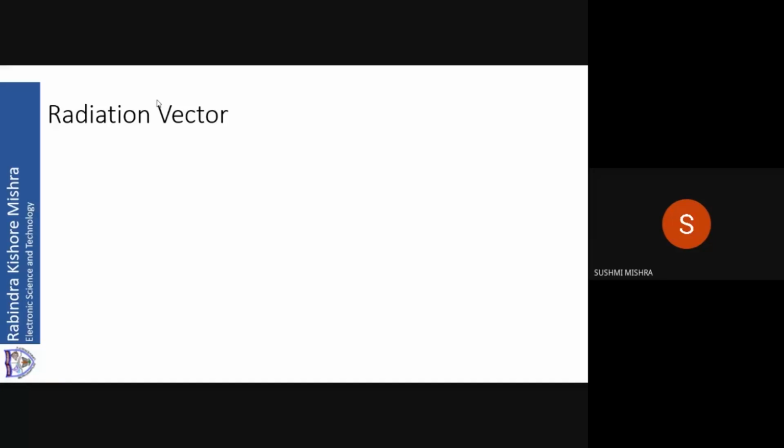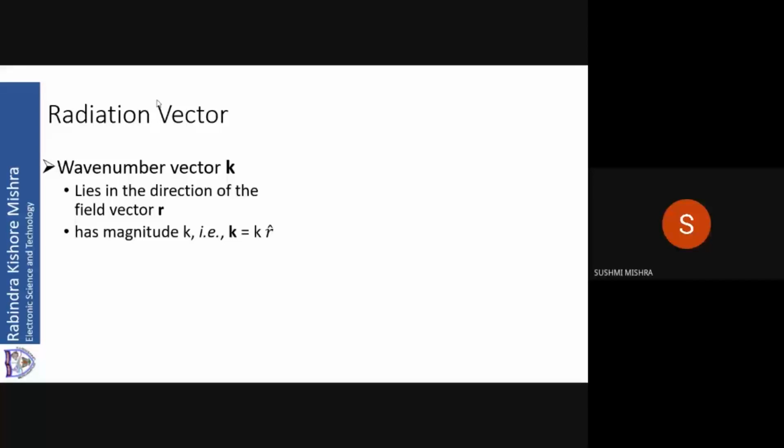Now let me come to a term which is called the radiation vector. Once we are equipped with this background, let me come to the radiation vector. We know the wave number vector k. We are using it in the exponent. This vector lies in the direction of the field vector r. That is the first thing that you should remember.